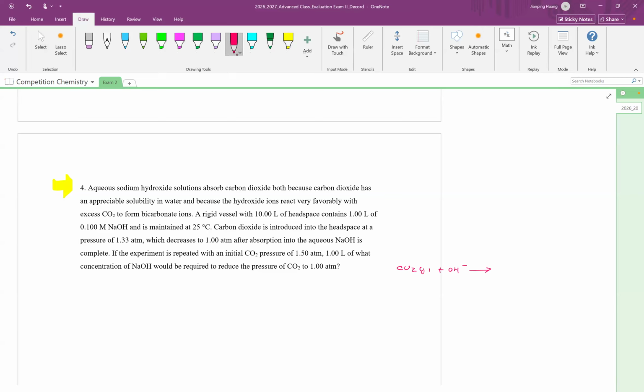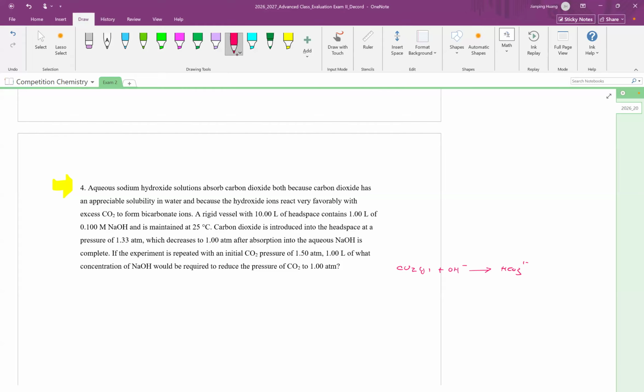In the class, at this level, I really want everyone to always use net ionic equations. From hydrogen carbonate, of course, that's a 1-to-1 ratio. Could it be a 1-to-2 ratio from carbonate? Always use net ionic equations, right?